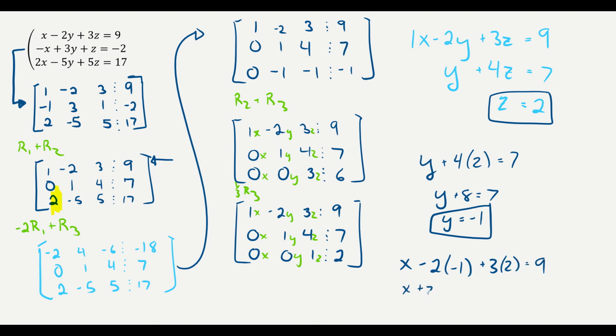So I have x plus 2 plus 6 equals 9, x plus 8 equals 9, so x equals 1. I have my answer, and I can write it as a nice ordered triple to finish this off. 1, -1, 2. And that's the answer.